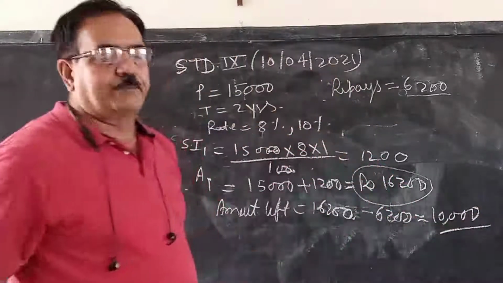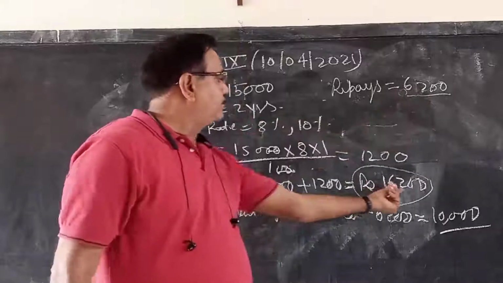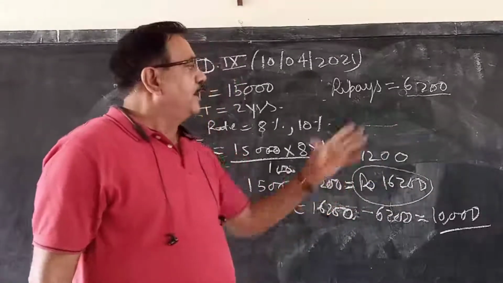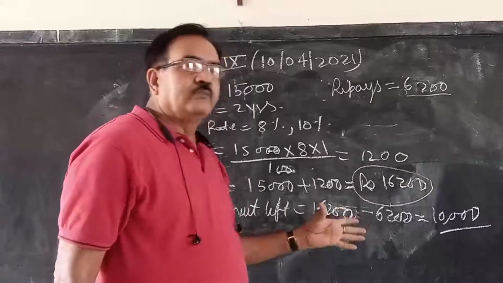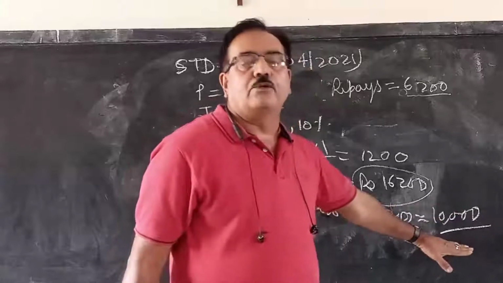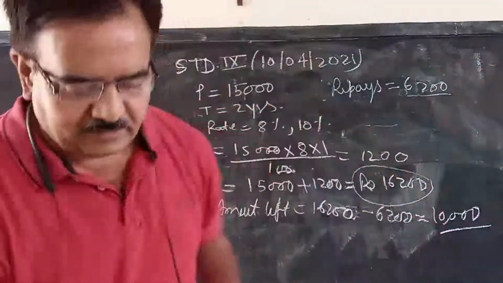This much amount is left after returning 6,200 from the first year amount. The first year amount is 16,200. We returned 6,200. So how much is left? 10,000 rupees. This 10,000 rupees becomes the principal for the next year.